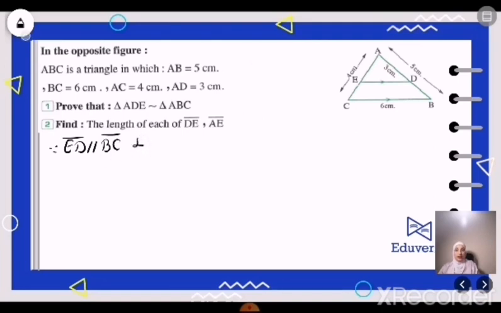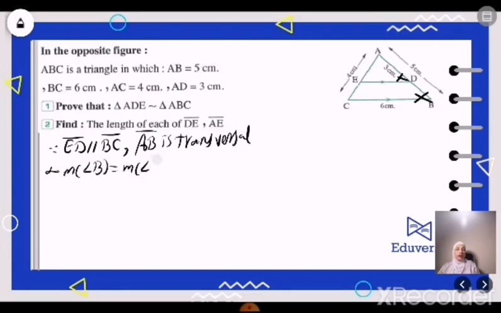If you can see here, we have the two lines here are parallel, and we have also AB as transversal. Then we will say that measure of angle B equals measure of angle ADE, which, because they are corresponding, we just write here, corresponding.